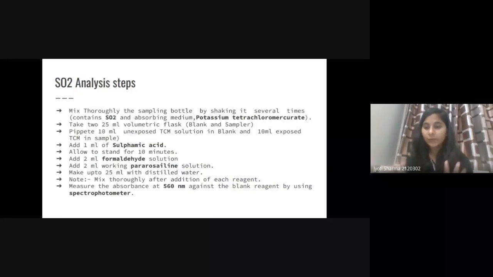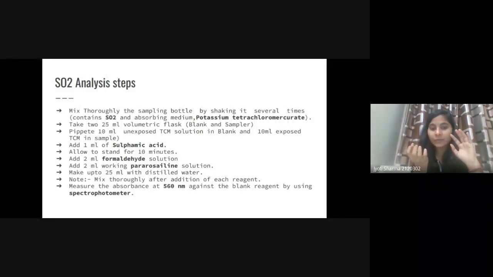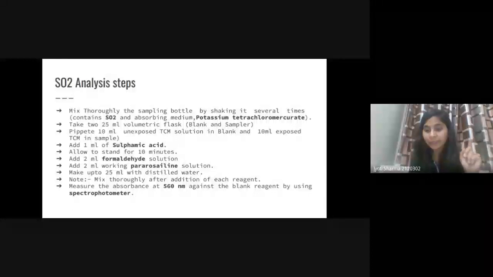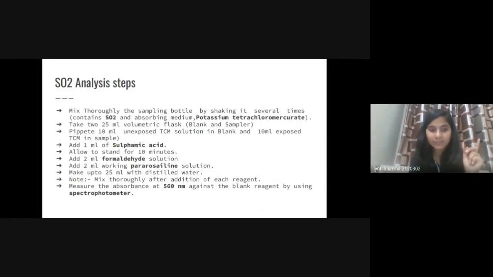Okay, so we already talked about some chemicals, so let's put them into sequence. Right now we have sulfur dioxide in the atmosphere. To trap it into the chemical, we will use potassium tetrachloromercurate. Then you will keep it in a 25 ml volumetric flask. Then you will add 1 ml of sulfamic acid, to remove the interference of nitrogen dioxide.